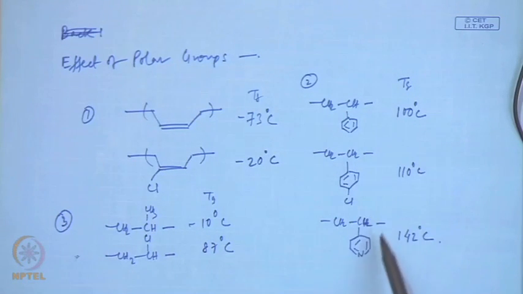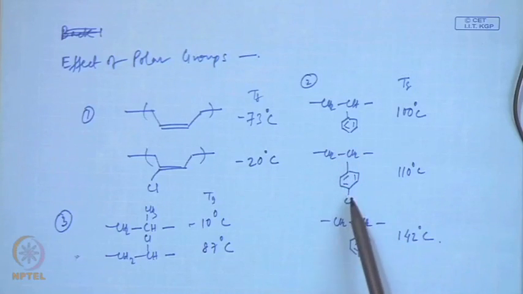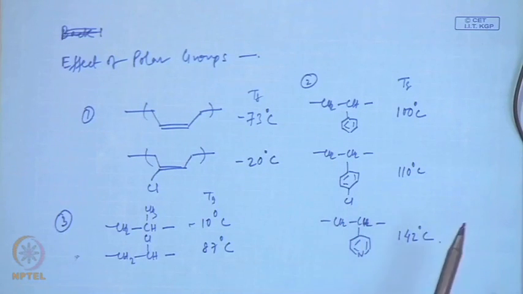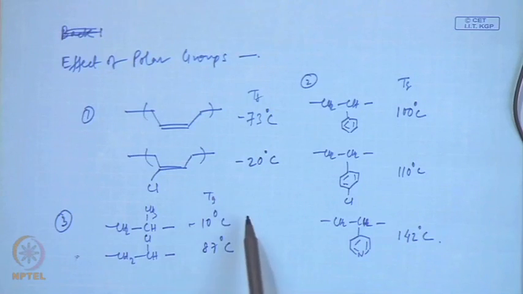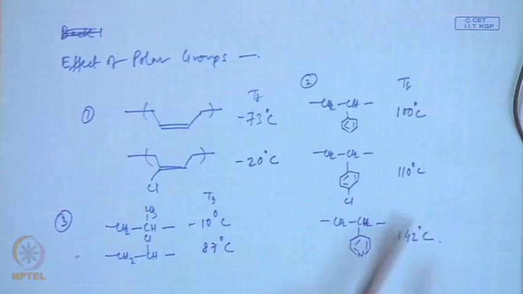Similarly, if you look at the other set of examples, the more polar the bonds, the more intermolecular forces between the polymer chains, which causes more stiffness in the chains and decreases the polymer mobility, which makes the Tg higher.